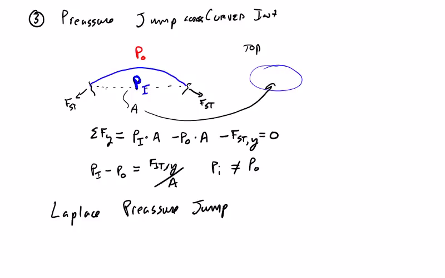In general, the formula is written like this: the pressure inside a curved surface minus the pressure outside is equivalent to the surface tension, and this time I'm going to write sigma instead of gamma, times 1 over R1 minus 1 over R2. What are R1 and R2?